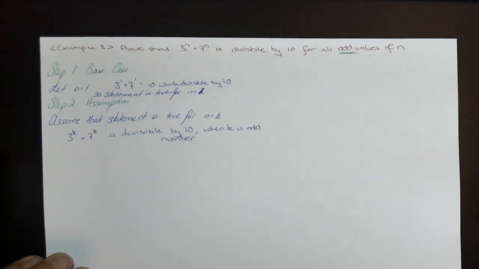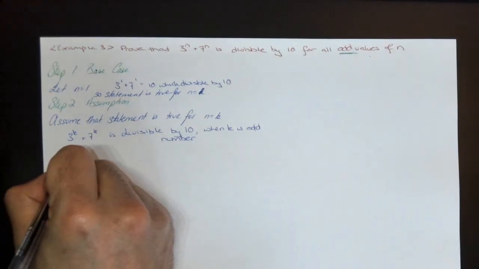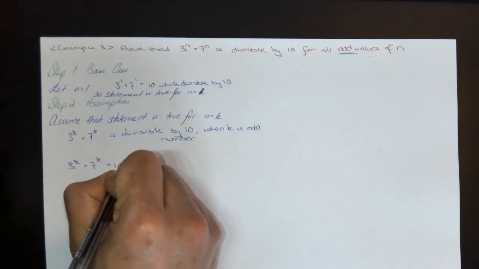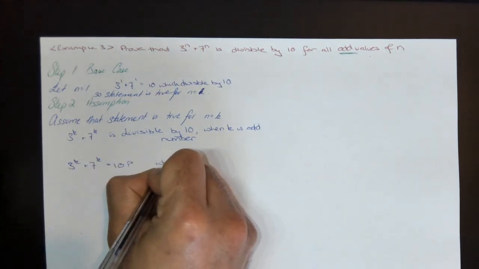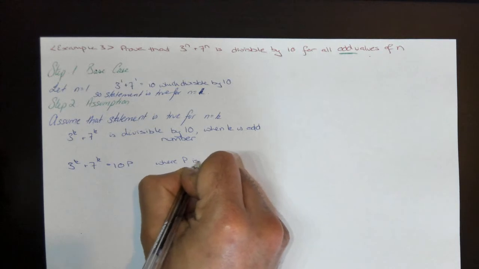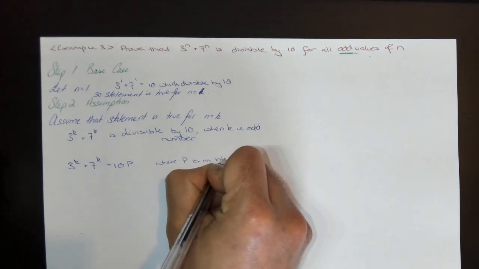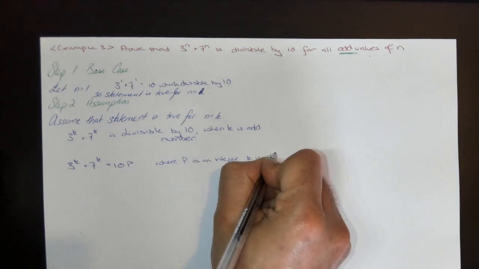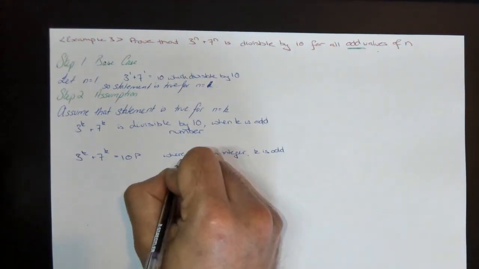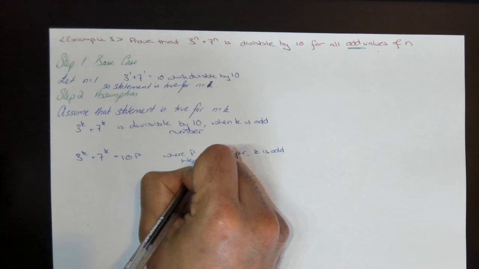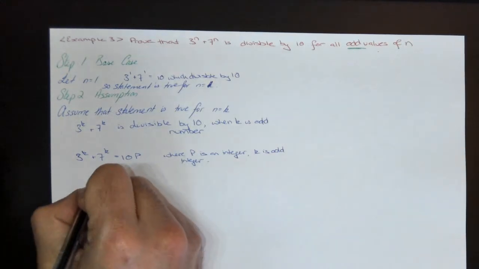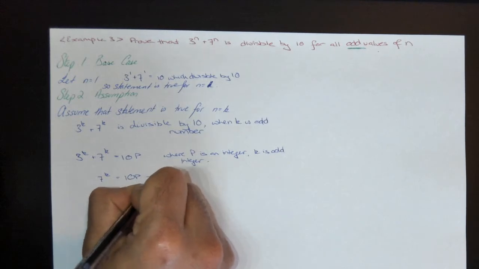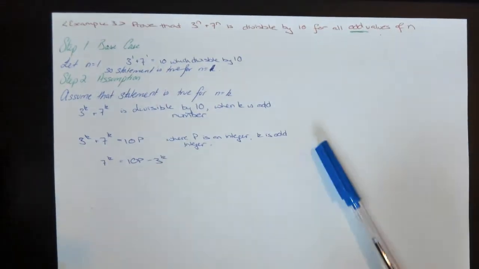So we get 3^k plus 7^k equals 10 lots of a number, 10p, where p is an integer and k is an odd integer. And what I'm going to do is rewrite this with 7^k being the main subject.